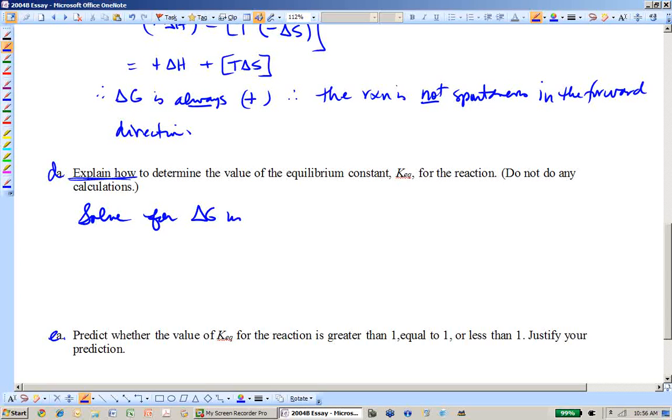Solve for delta G using delta G naught equals delta H naught. I probably should put a naught on here too, shouldn't I? Minus T delta S naught. Using this and values given.